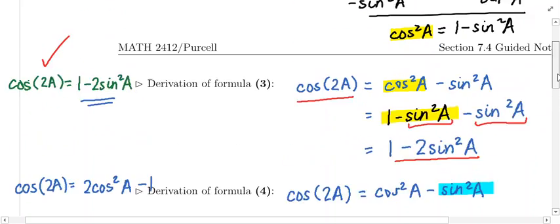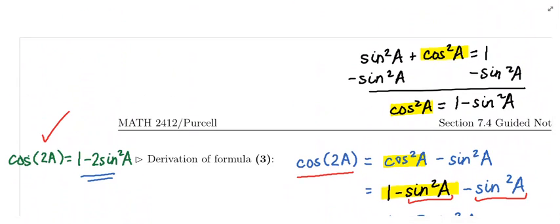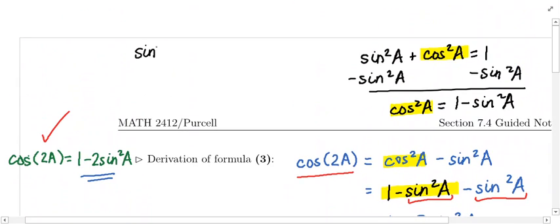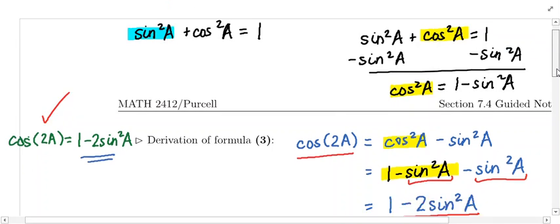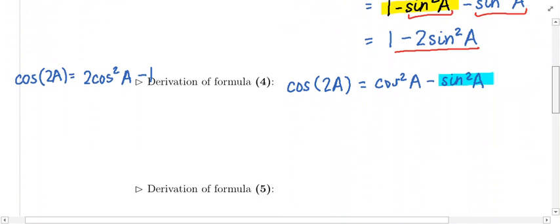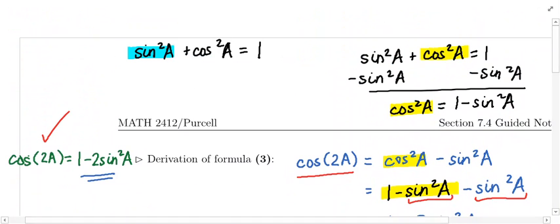So I'm going to go back up here in the margin. Again, we know that sine squared of a plus the cosine squared of a has to equal 1. We want to solve this one for the sine squared of a because that's what we're trying to eliminate. So all I'm going to do is isolate this blue term.